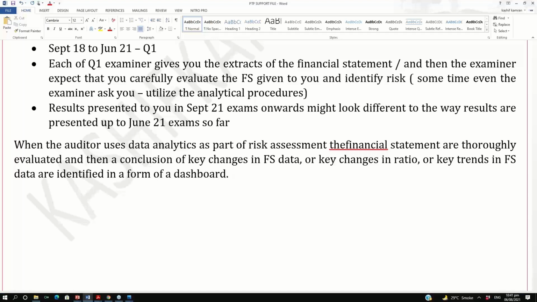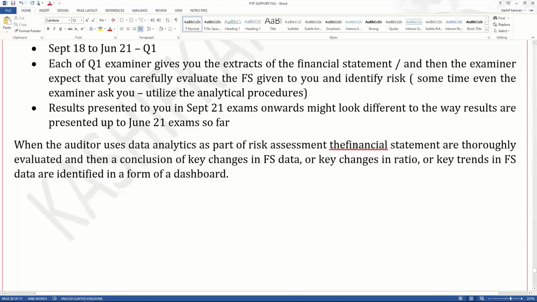Now, when the auditors actually use data analytics as part of the risk assessment, like the big four firms, PwC, E&Y, KPMG, and they apply data analytics on the financial statements at the planning stage of the audit, the data analytics converts the financial statements into a dashboard.